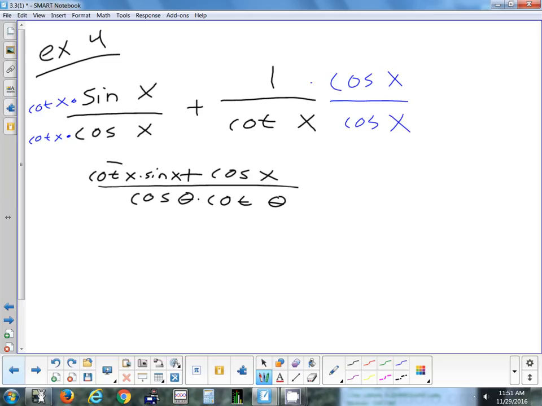What could I do with this part? Yeah, watch what happens if you change cotangent to cosine over sine. You get cosine over sine times sine. Okay, and everything else we could just keep the same.